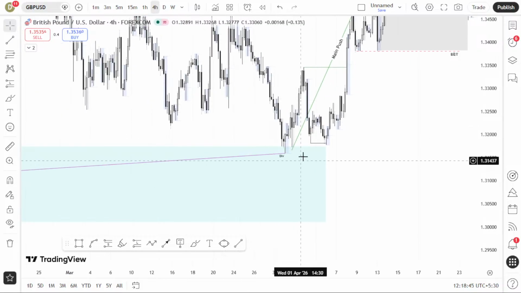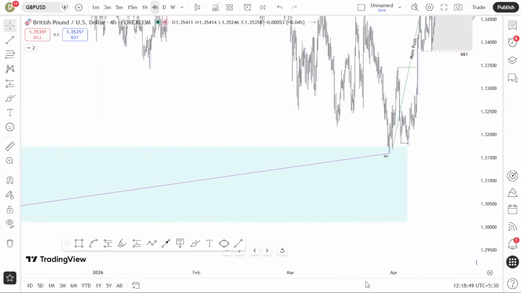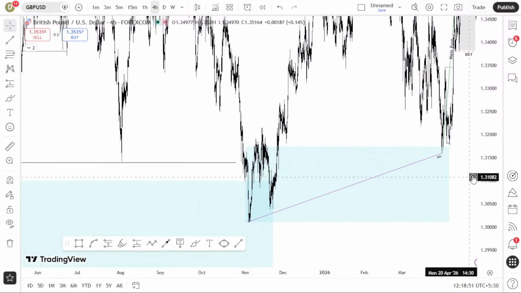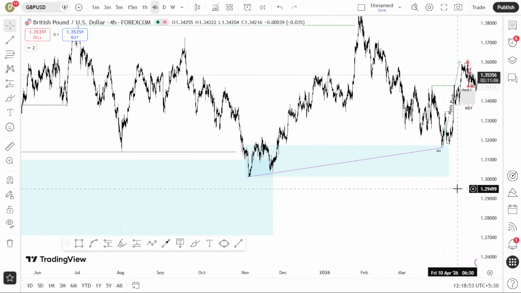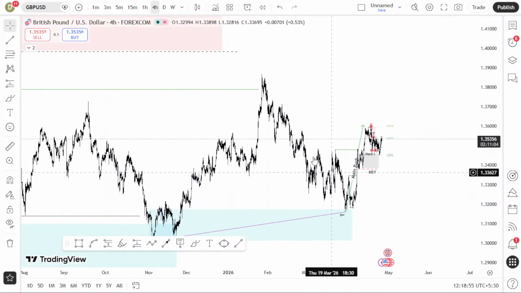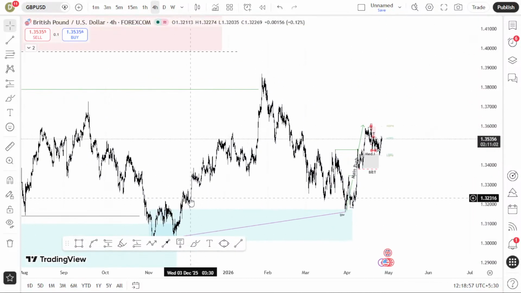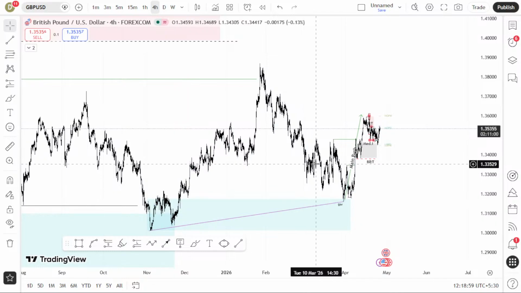What I meant by that is this divergence. Euro has broken this level and is moving to the top side, and GBP has not broken this level and is as well moving to the upside.